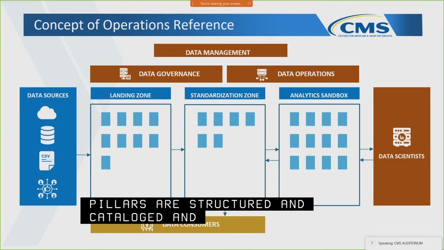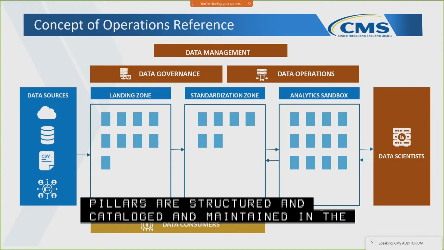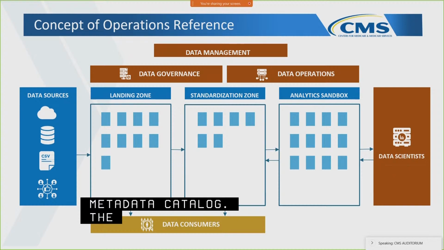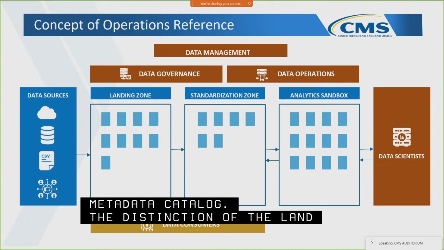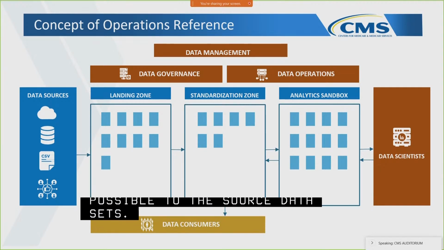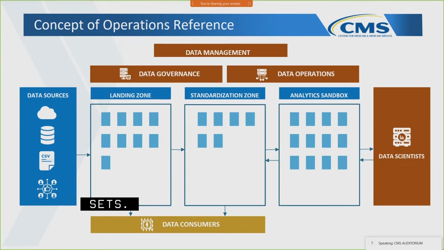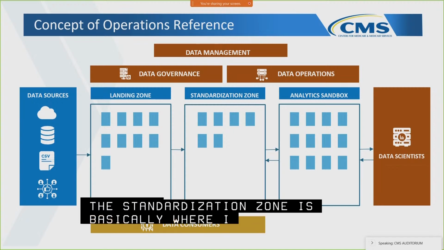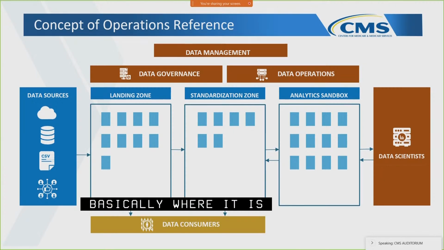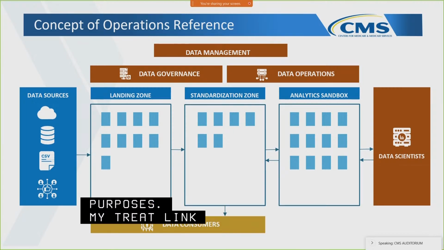The distinction is that the landing zone has data as close as possible to the source data sets. There are consumers that might need that kind of a service. The standardization zone is basically where data is transformed for a multitude of purposes. You might create link layers, you might transform data to add business value, you might create a business semantic layer. So all of that goes into the standardization zone.